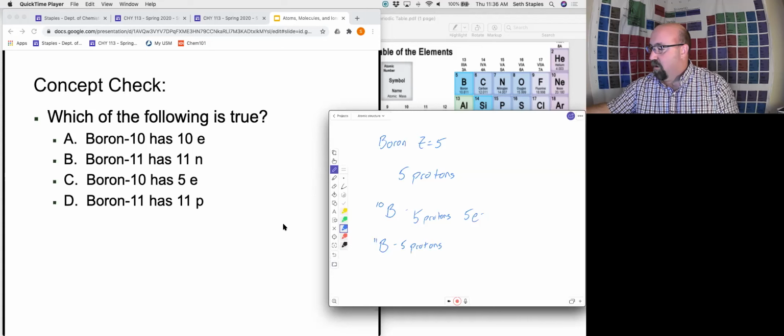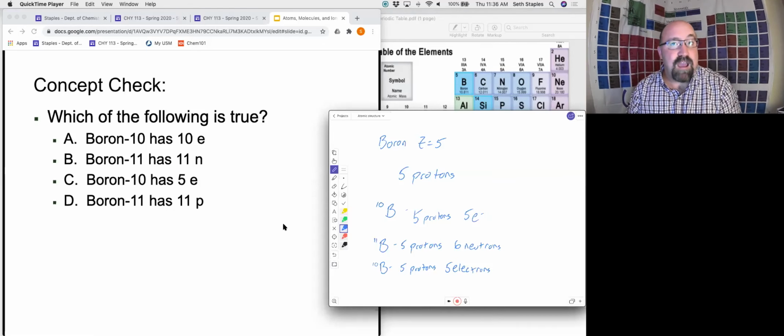So we know boron 11 has to have 6 neutrons. So B can't be right. And so C, now we're looking at boron 10. Again, we know we're going to have 5 protons in there since it is boron. And since it is a neutral atom, that means we're also going to have 5 electrons. So C looks to be correct.